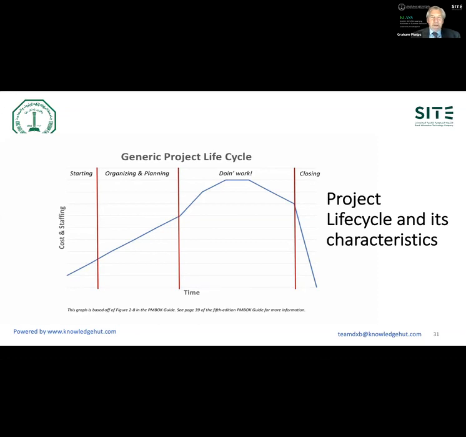So this is the life cycle of a project, and it's very important to understand the dynamics of this. Make sure that the work element extends as early in the project as possible once you've done sufficient organizing and planning. And by the way, the closing of a project in most cases is an administration function.